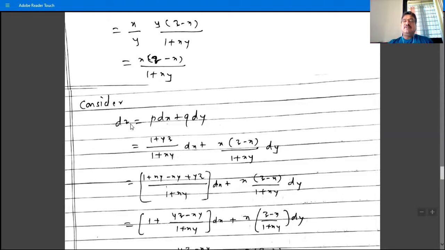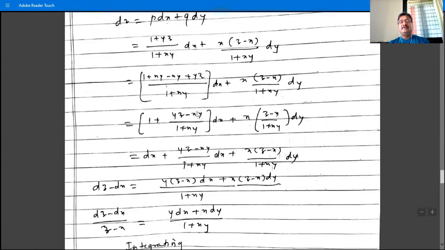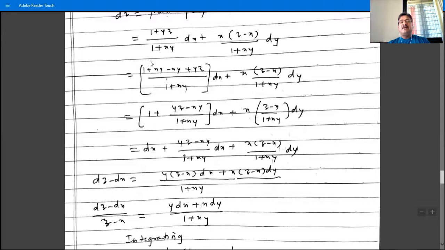Consider the equation dz is equal to p dx plus q dy, and substitute p as (1 plus yz) divided by (1 plus xy) dx, and q as (xz minus x) divided by (1 plus xy) dy. Then some adjustment: add xy and subtract xy, so 1 plus xy minus xy plus yz, and then (1 plus xy) divided by (1 plus xy) is 1.